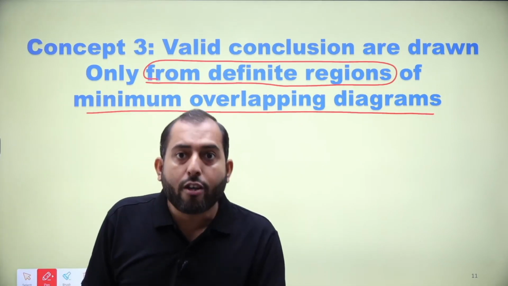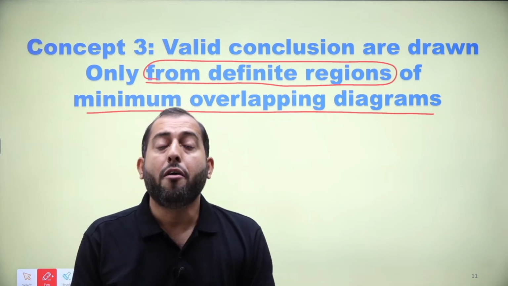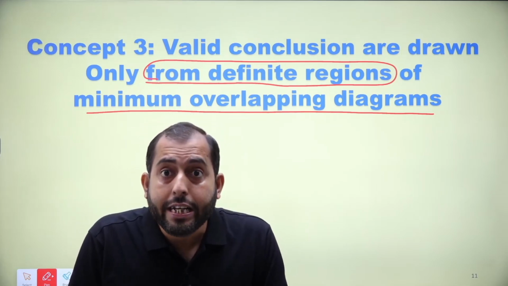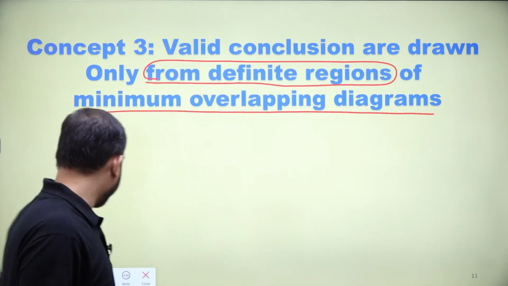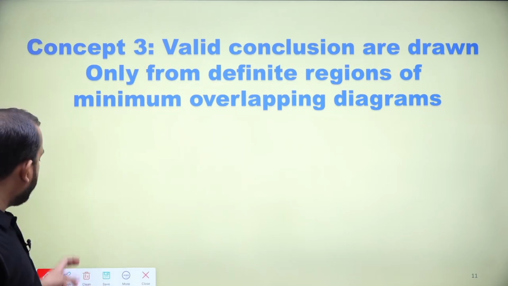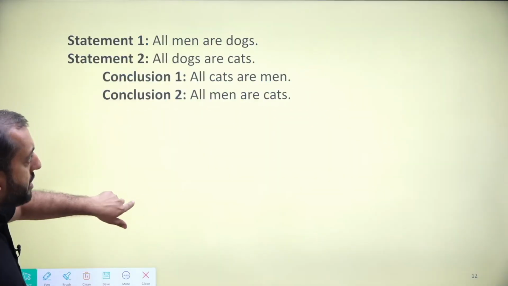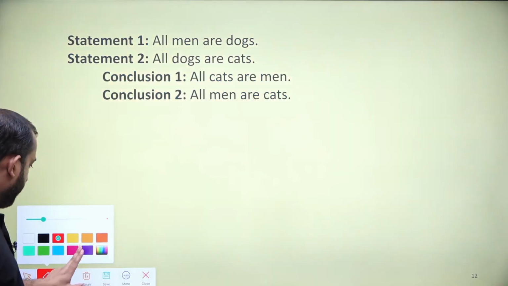Valid conclusion will always be drawn from the definite region of the minimum overlapping diagram. Okay, now listen. Now how to utilize it? So let's understand this with the help of an example.